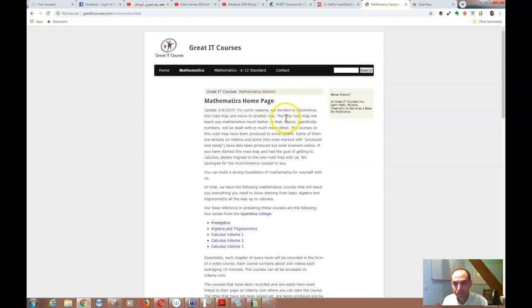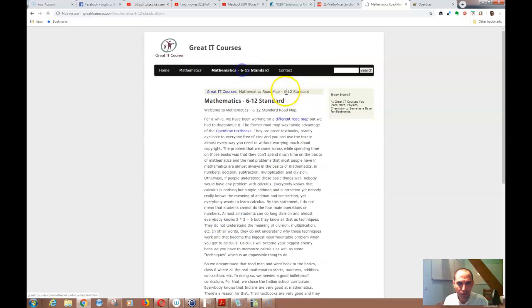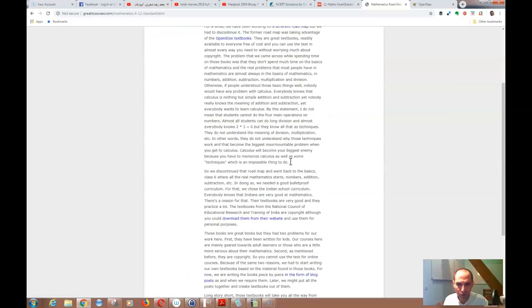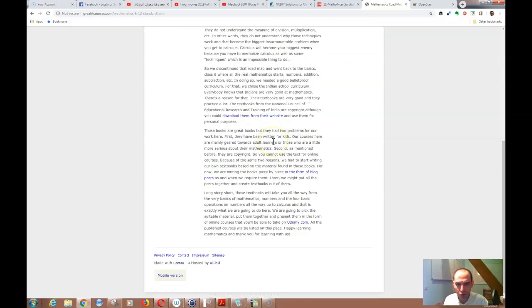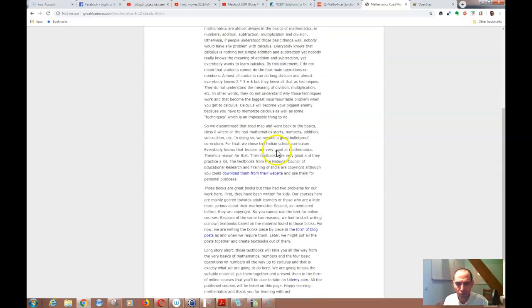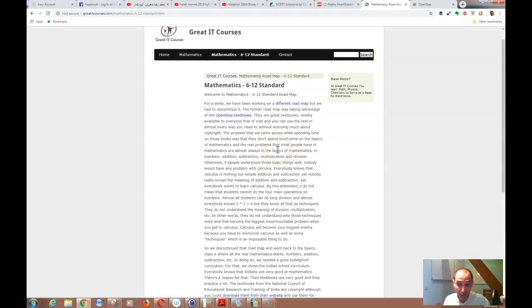Then I decided to go with the mathematics starting from class 6 all the way up to class 12. At the time I wrote this article over here, showing that I was doing the same.